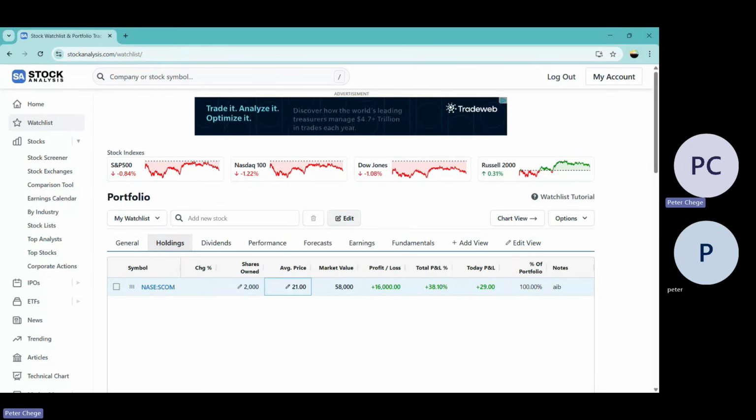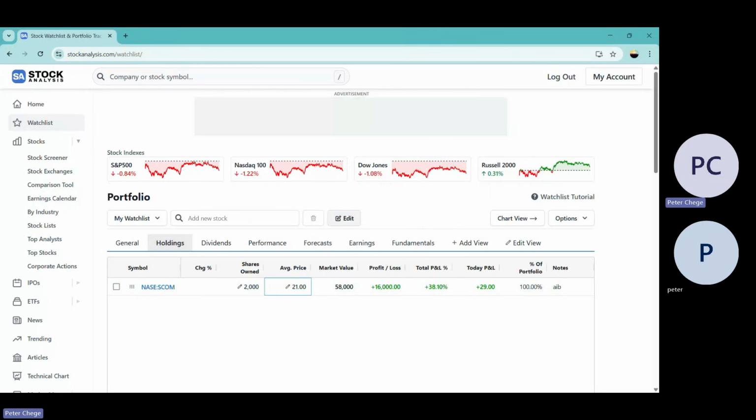If I buy in one broker or sell in one broker, I only come and adjust shares owned and average cost, and it calculates everything for me, giving even portfolio valuation and P&L, whether I'm making profit or loss. So that helps you make two decisions. One, am I buying this? Am I holding my stocks for value?